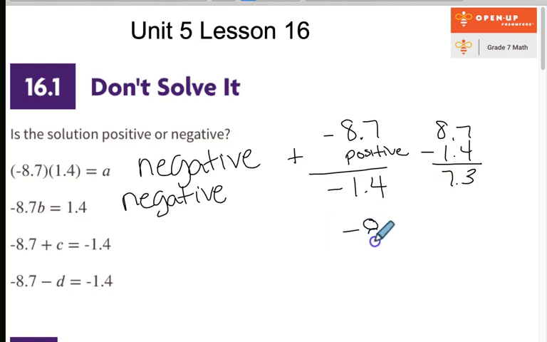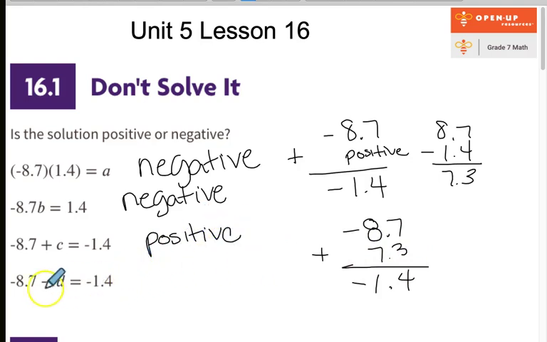So negative 8.7 plus positive 7.3, that means we subtract because they are two opposite numbers. 7 minus 3 is 4, 8 minus 7 is 1, the larger number was negative, so the answer was negative. So this had to be a positive number.